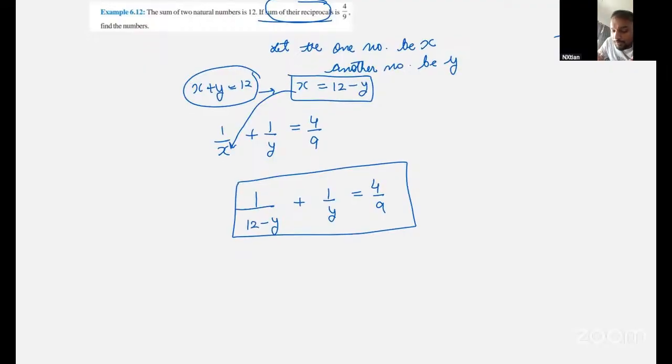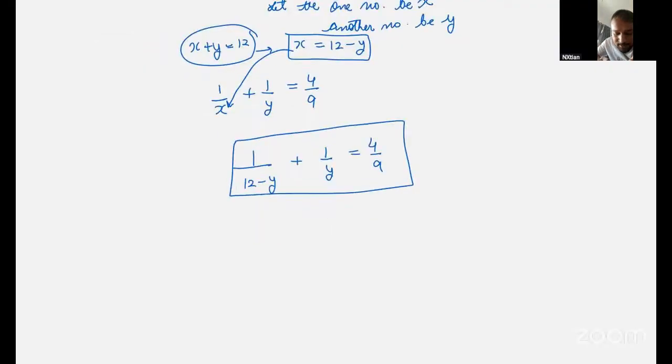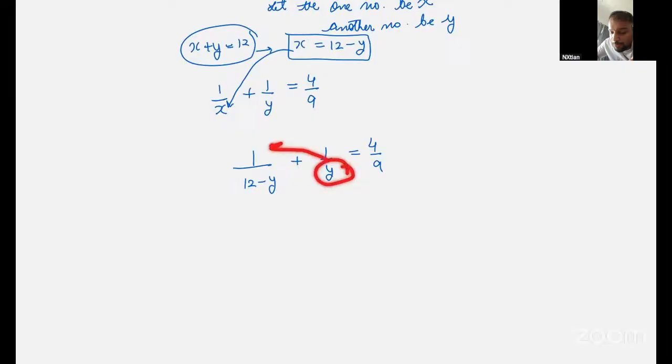Okay. Now, here we have to make the denominator same. What we will do? This y will multiply with both numerator and denominator, and this 12 minus y will also multiply with both numerator and denominator. I will repeat it again.